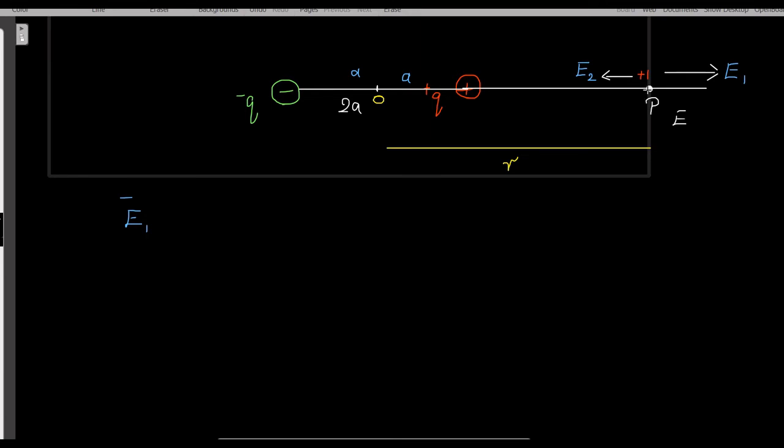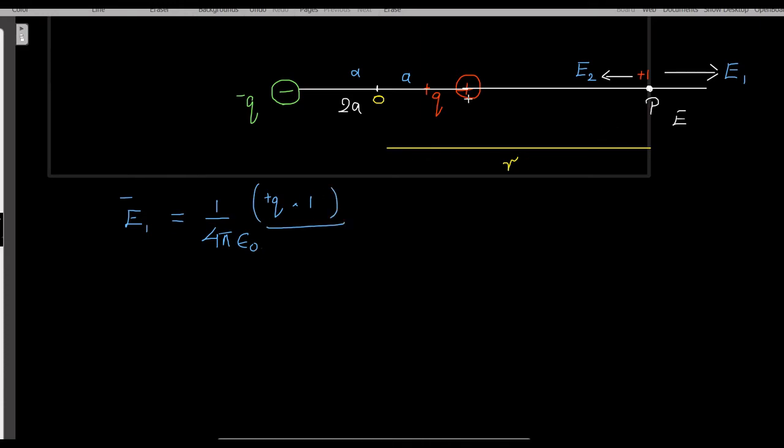So E1 equals, since the system is placed in vacuum medium or free space, 1 by 4 pi epsilon naught into, these are the two charges, plus q into plus 1, divided by the distance.